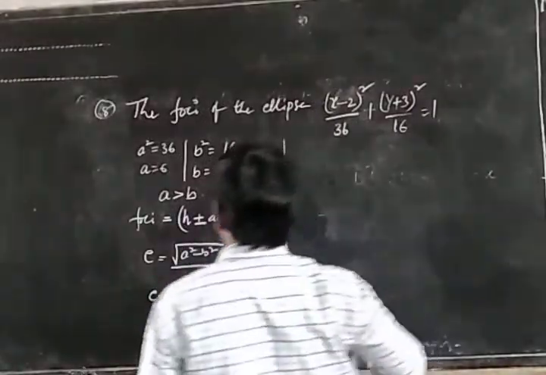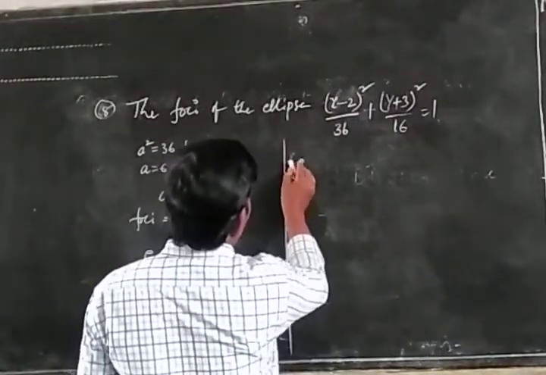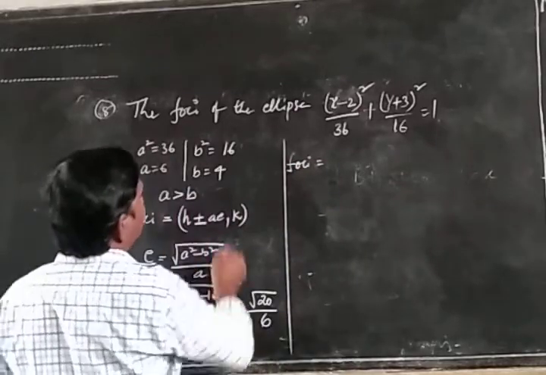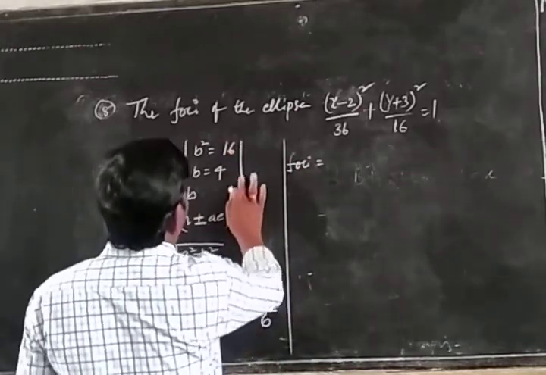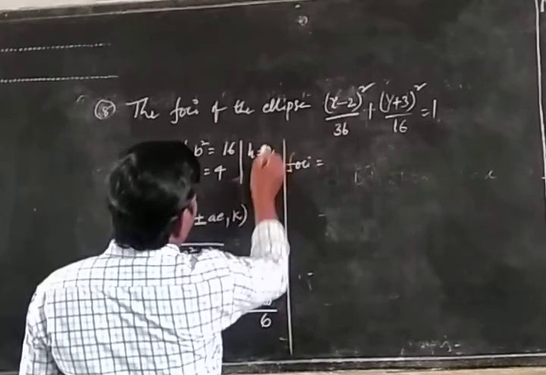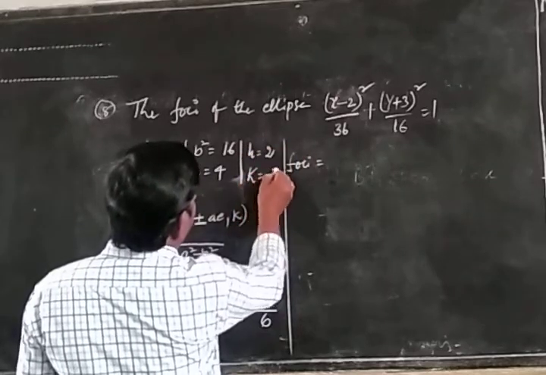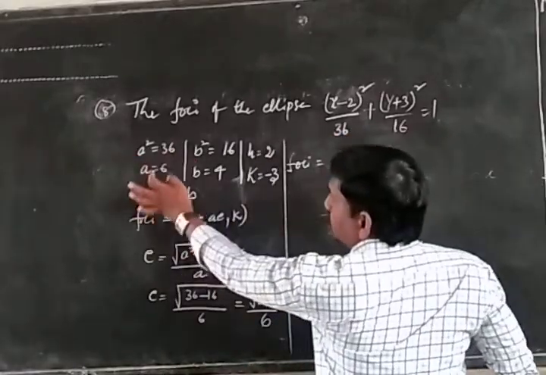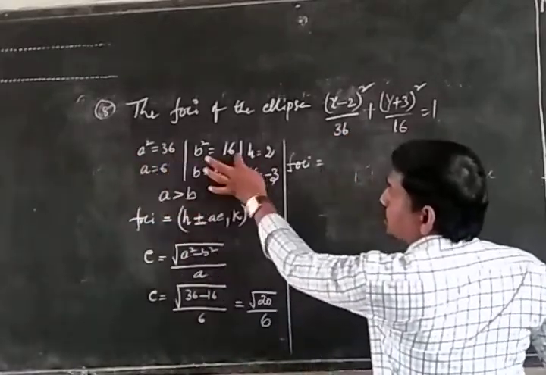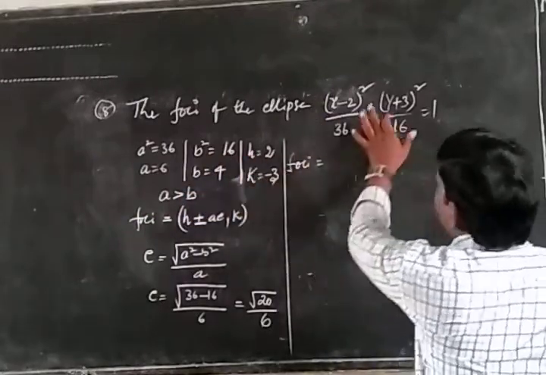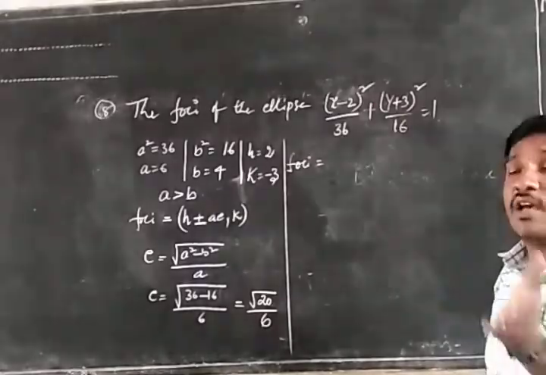Now foci equal to h plus or minus ae comma k. From this problem, h equal to 2, k equal to minus 3, a square equal to 36, a equal to 6, b square equal to 16, b equal to 4. Why k equal to minus 3? Because y minus of minus 3.